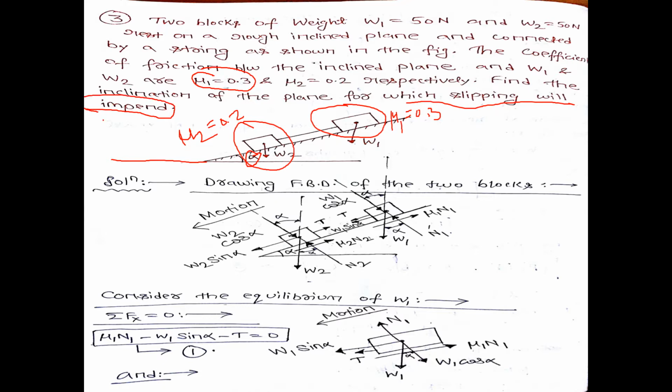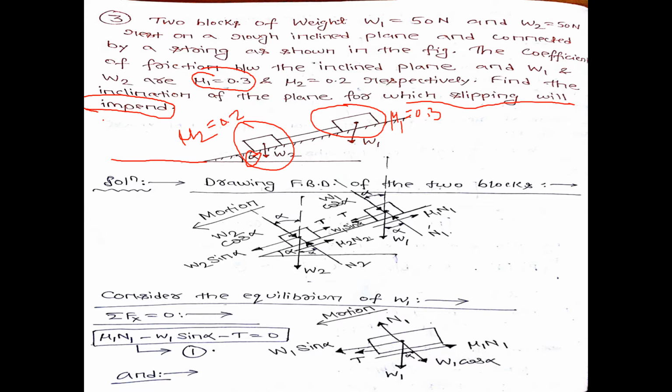Impending motion means you have to find that value of angle alpha at which the motion of the block will start, at which the entire system will start to move down the inclined plane.